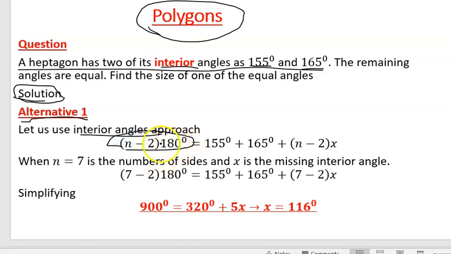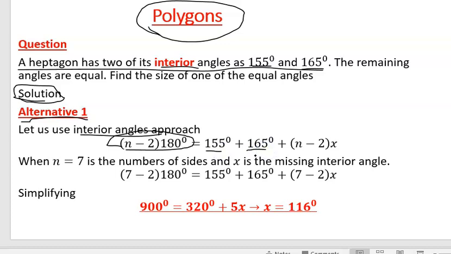So if this is the sum of the interior angles, then we can sum up the interior angles and equate to this one. And therefore we are going to have n minus 2 into 180 degrees is equal to the first interior angle, 155, plus the second interior angle, which is 165.